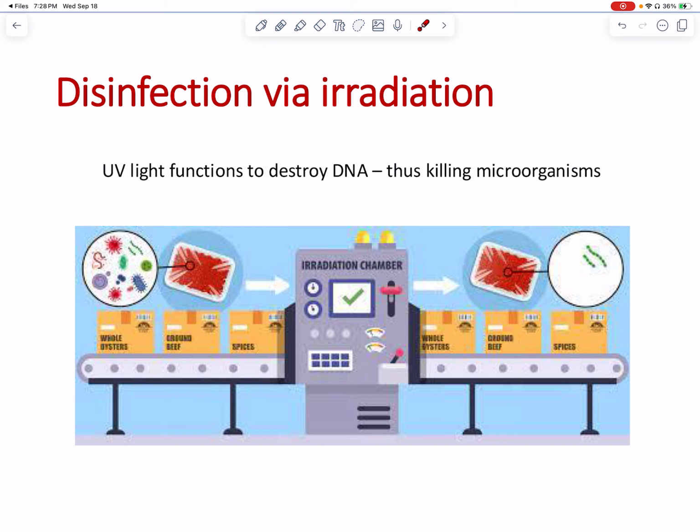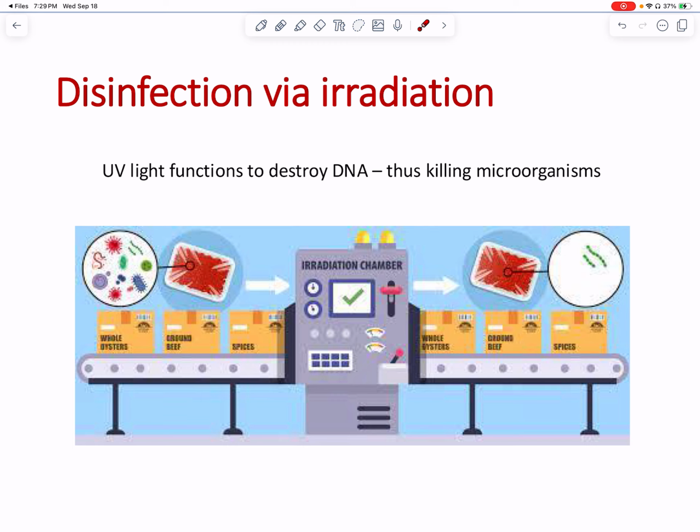Now, if we use this process intentionally, we can purposefully kill and destroy the DNA of an item, whether that be the beef DNA or, as it turns out, the microorganisms that are on that beef. By putting it through this process of destroying DNA, we would thus be able to effectively kill microorganisms.